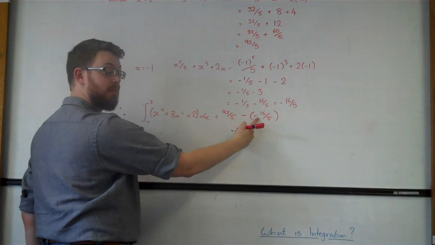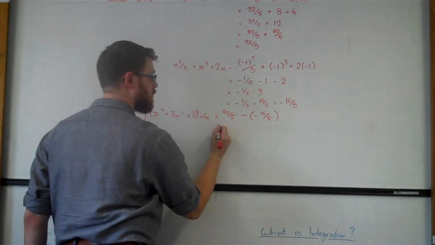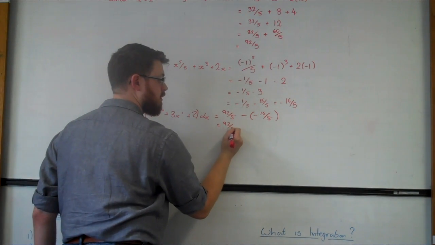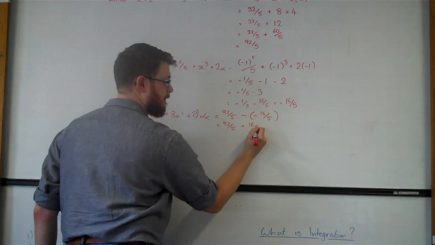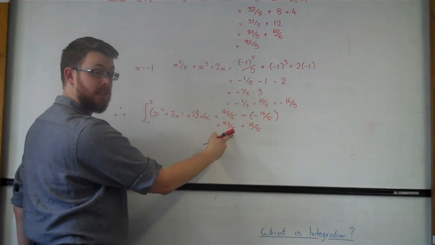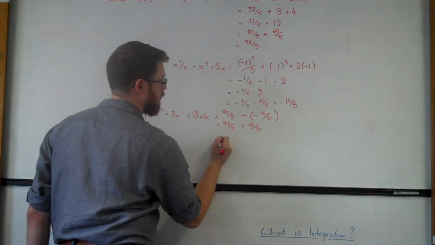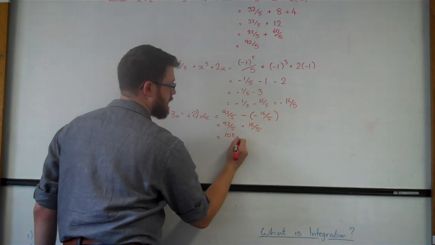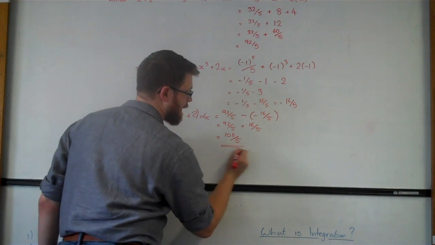We've got a minus and a minus becomes a plus. We've already got a common denominator, so we don't have to worry about that. And we get 108 over 5, and that is our answer.